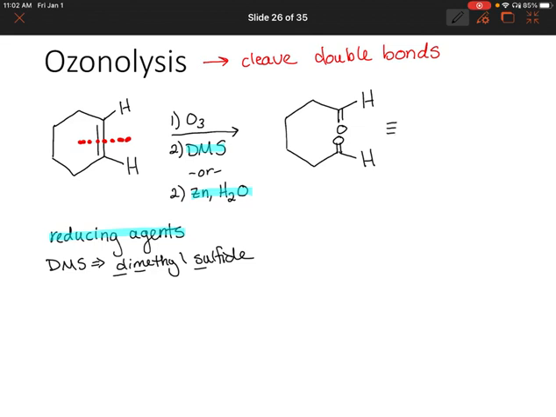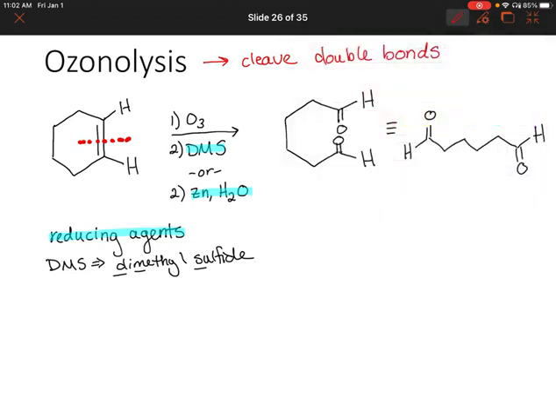So since there's only single bonds now, and we're not in a cyclic ring anymore, those single bonds can all rotate, and we could redraw this to show those two aldehyde groups on either end of the molecule.